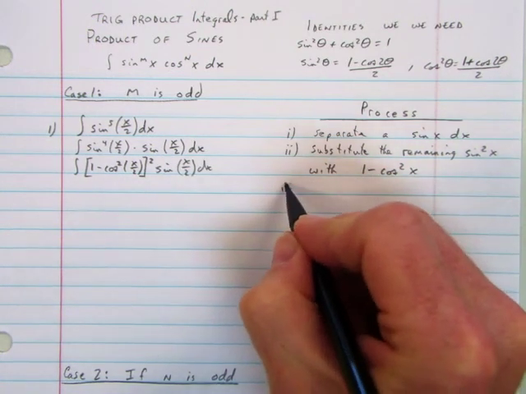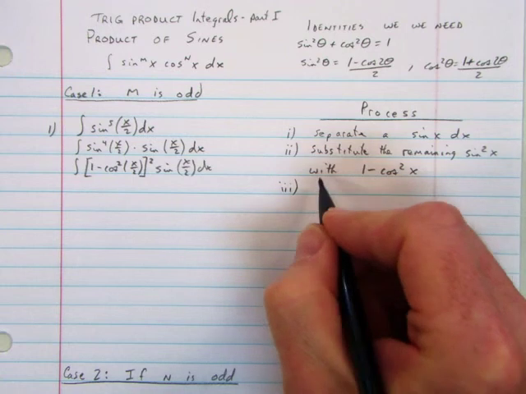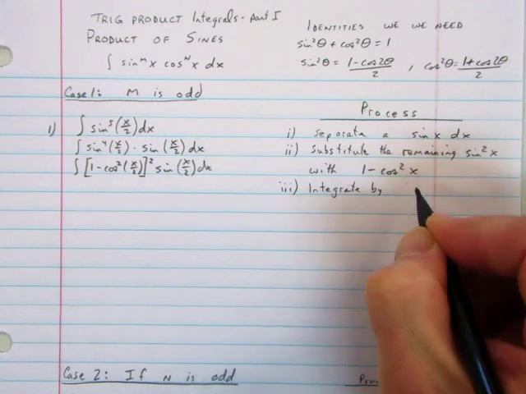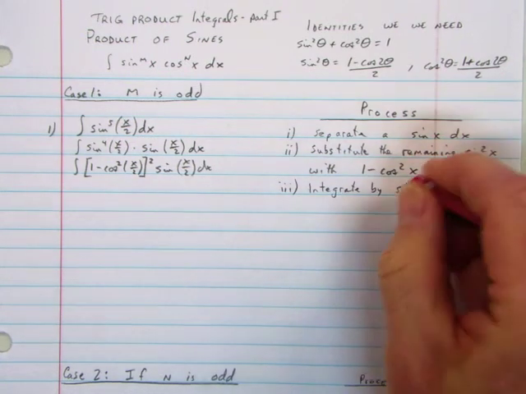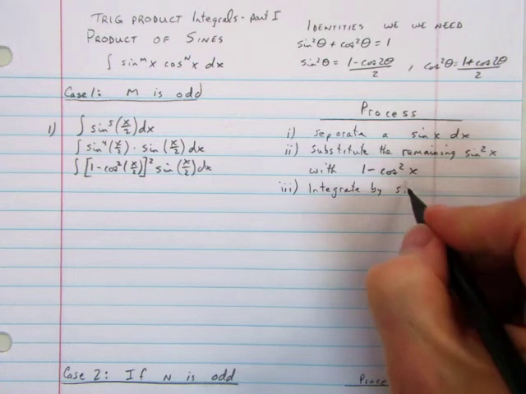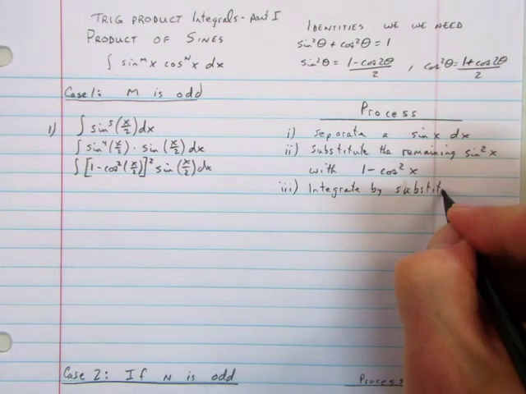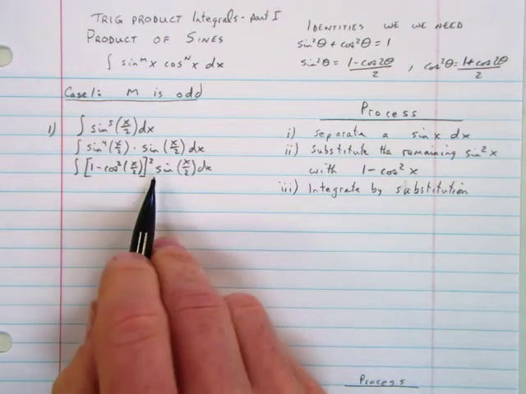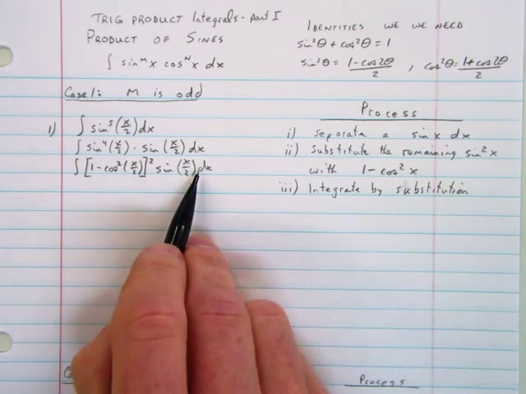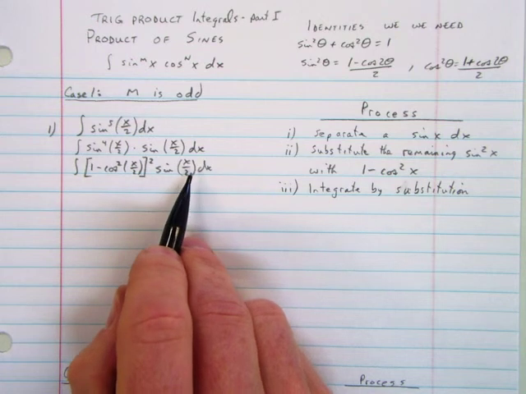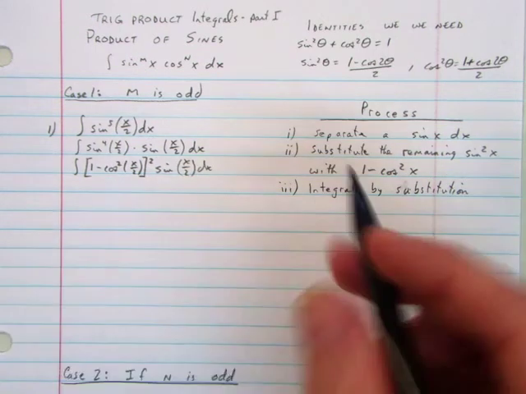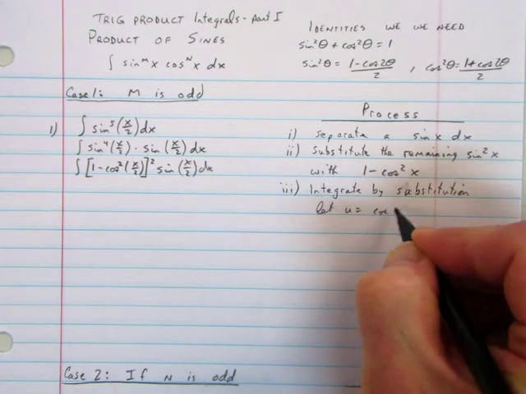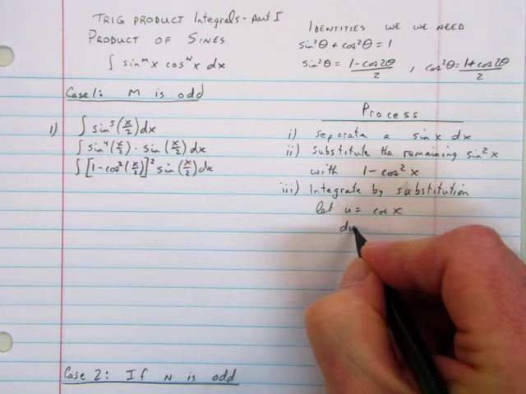Now we'll integrate by substitution. So what's our substitution here? The reason why we pulled out this sine dx is because that is the derivative of cosine x. So our substitution will be let u equal cosine x, and then we'll find du.